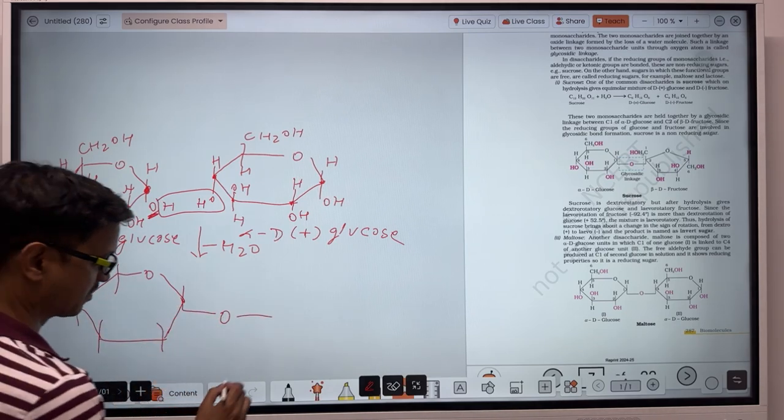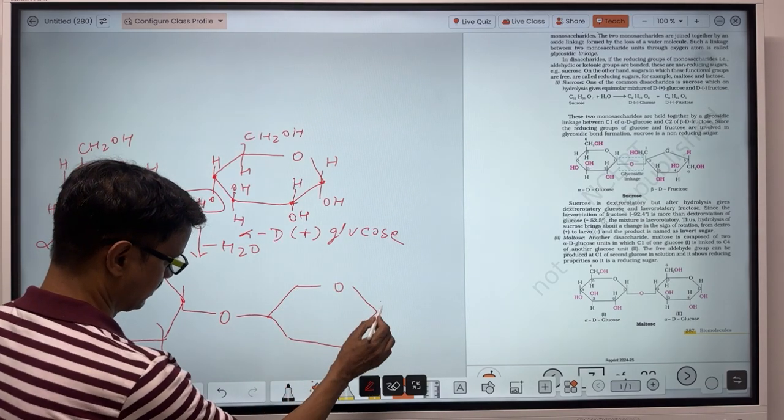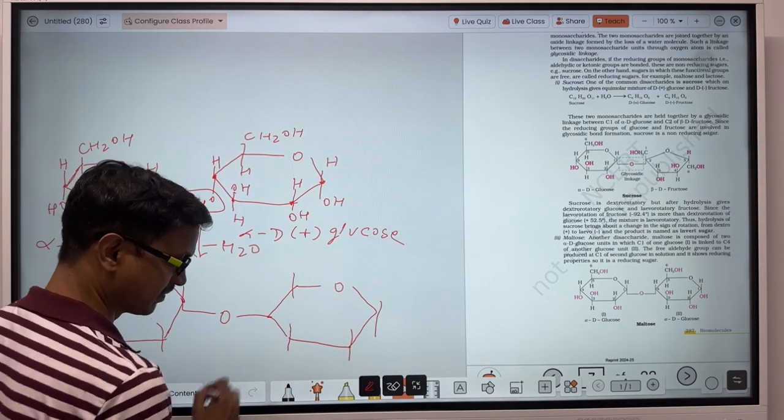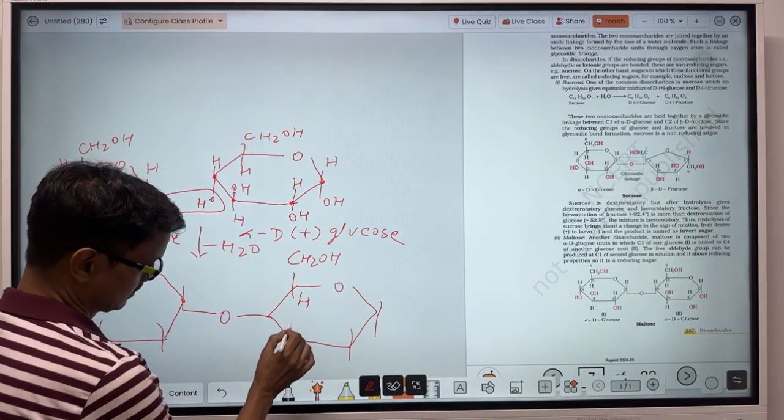There will be this glycosidic bonding, and here another glucose. The remaining you can fill up by yourself: CH2OH and hydrogen.